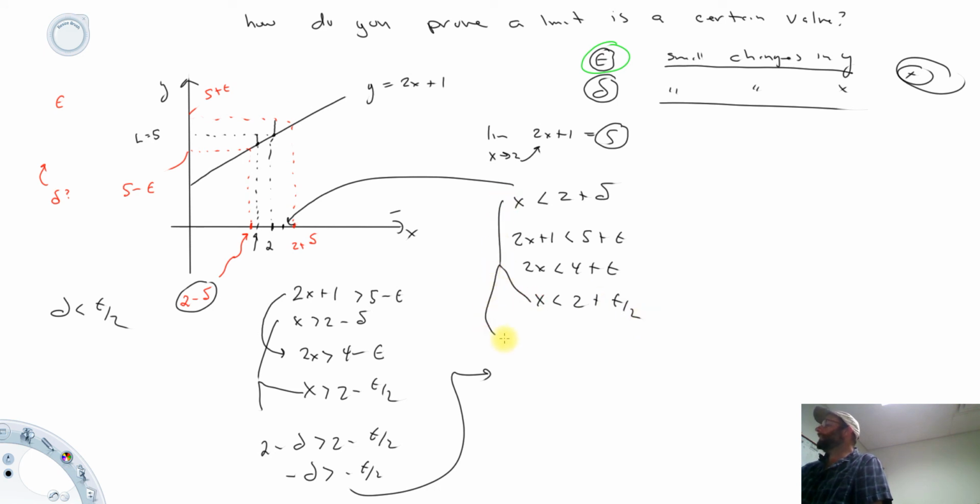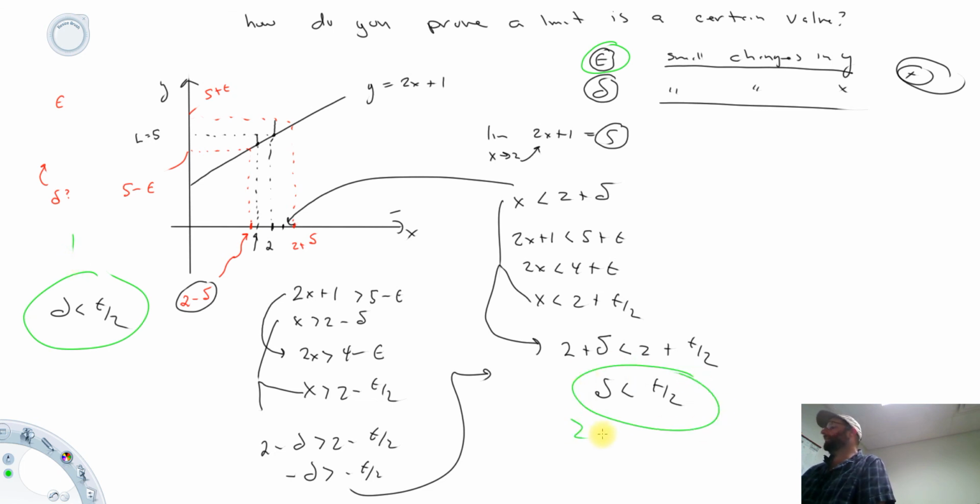Kind of comparing these two right here. If we take 2 plus delta less than 2 plus epsilon over 2, and we subtract 2, this is now going to read delta less than epsilon over 2. So what we have is a pair of deltas now. One from one side of the function, one from the other side of the function.